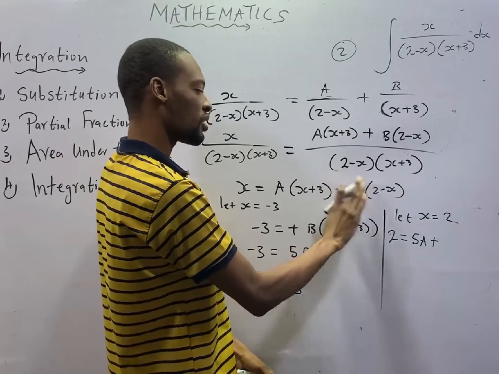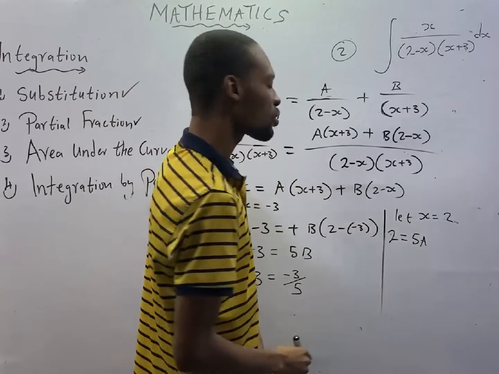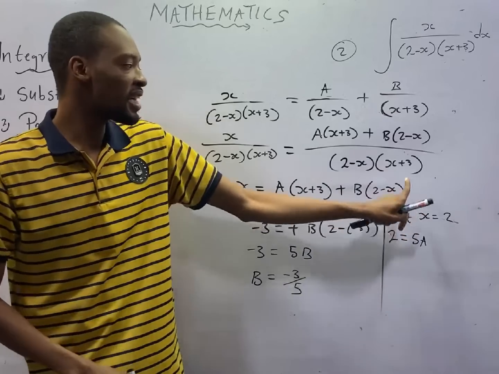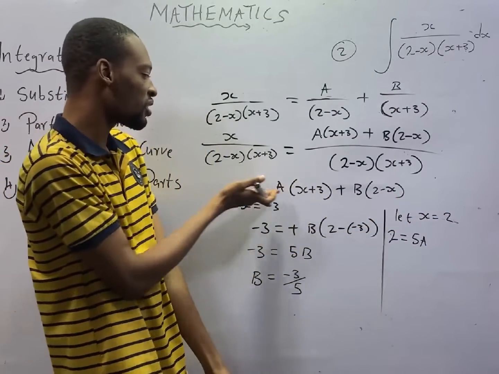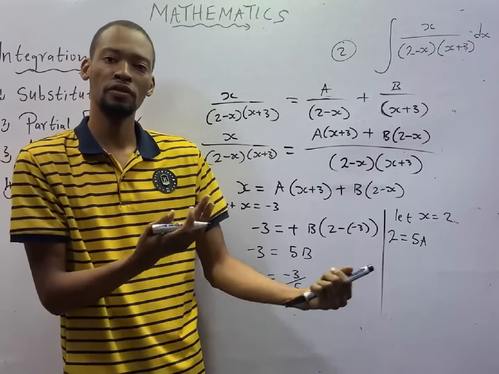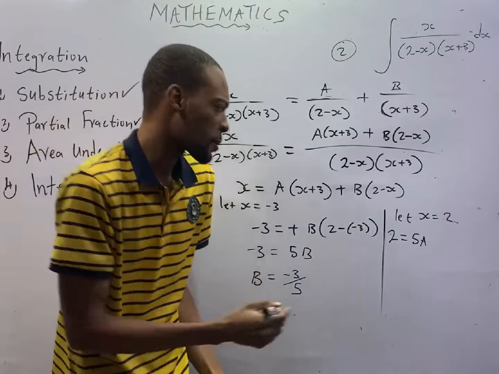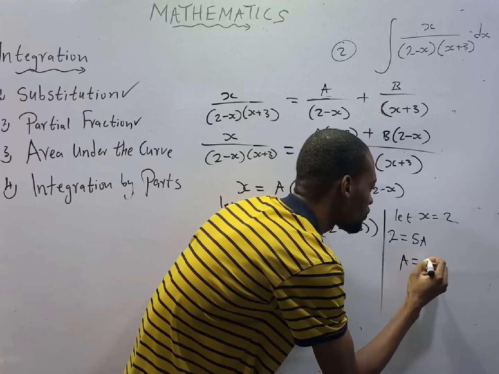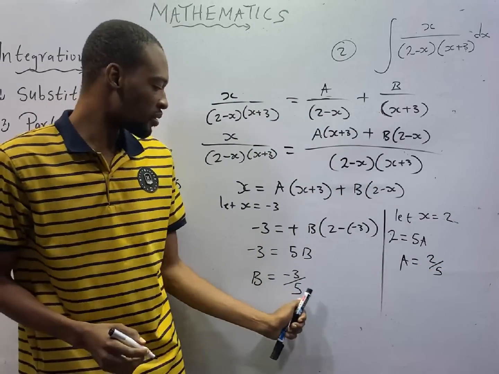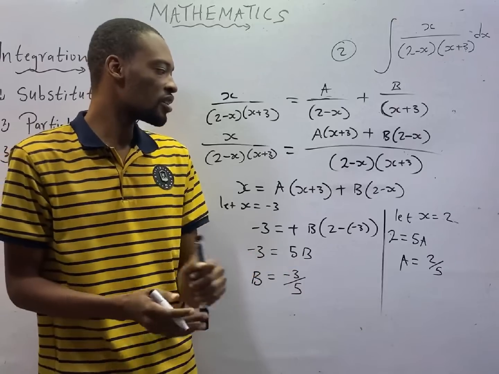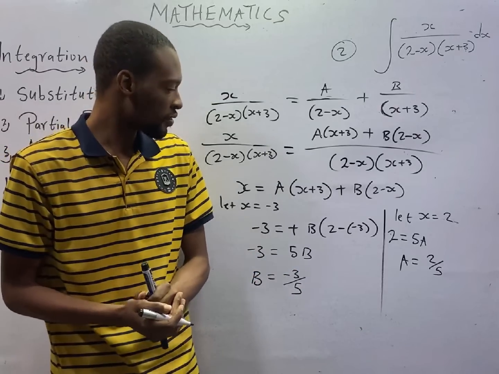B times 0 is 0. The aim is to eliminate B. So we made s 2 so that 2 minus 2 will be 0, and in this other part we will have a meaningful value. From here, A becomes 2 over 5. So B is minus 3 over 5, A is 2 over 5.